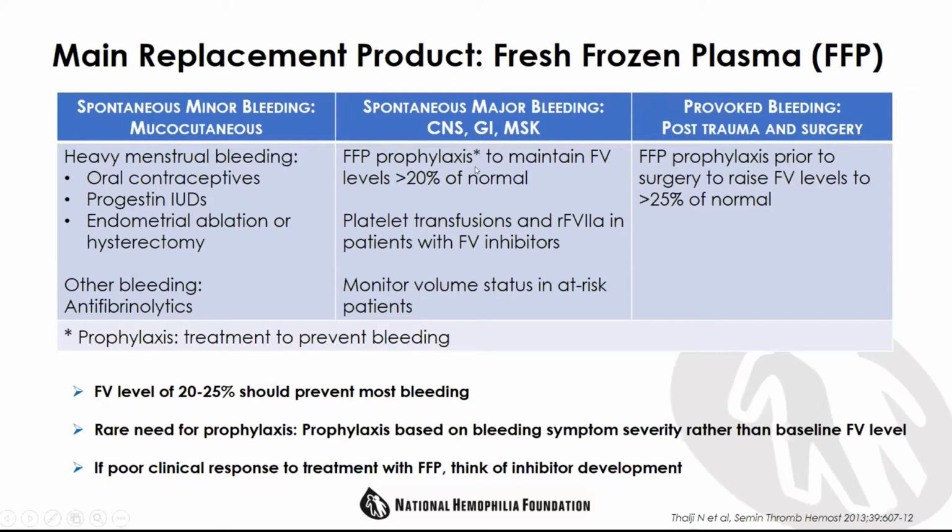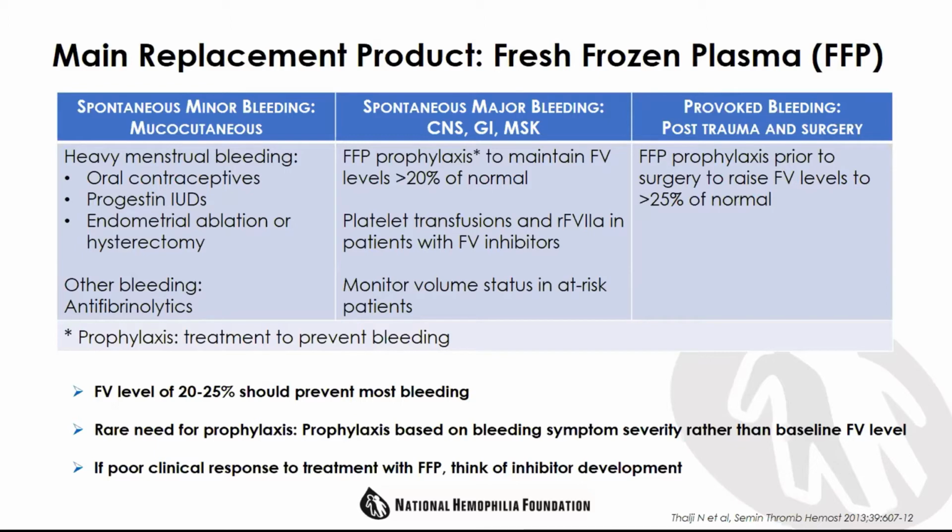If there is major bleeding involving the brain or the gut or the joints or muscles, one has to keep the factor V levels at more than 20% of the normal to prevent bleeding, because usually levels of 20 to 25% of factor V prevents most bleeding. In order to do that, FFP has to be given quite frequently.